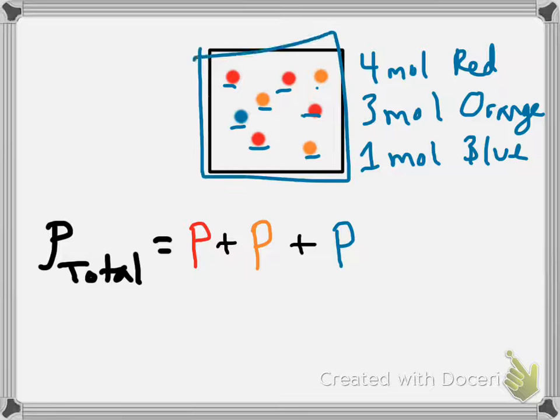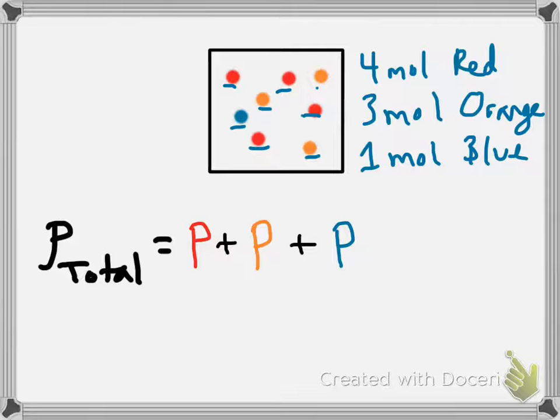They're in the same exact box. The temperature is the same because, again, they're in the same box. And our total pressure is a combination of all of their pressures. So the red is going to have the highest pressure because it has the most moles. The orange is going to have the second highest pressure because it has the second most moles, and the blue will have the least pressure.